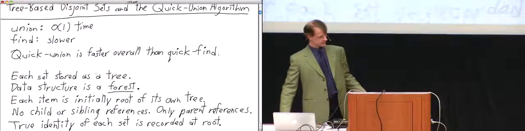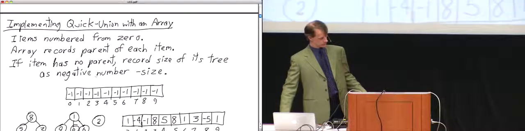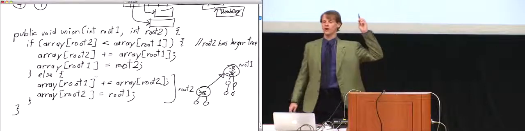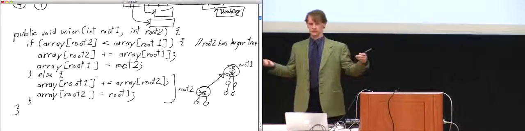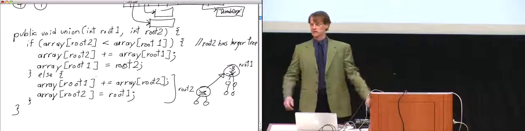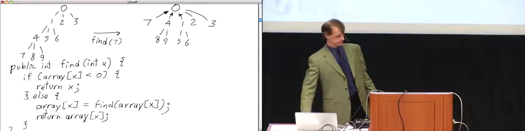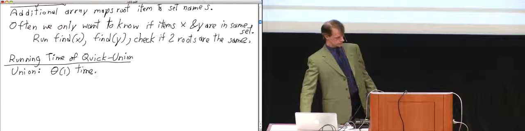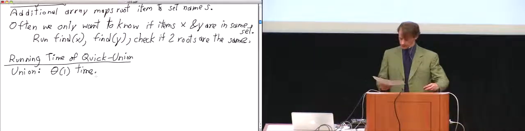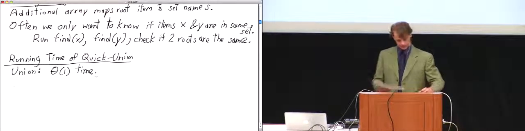Well, just look at the code that we wrote for them. If you look at this code, no loops, no recursion. It has to run in constant time if it has no loops and no recursion.